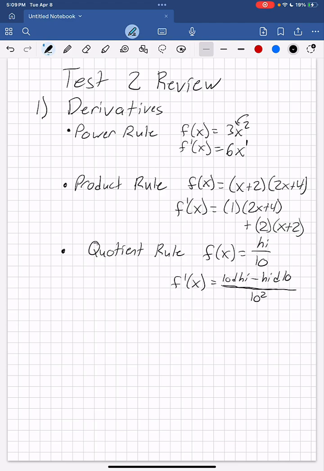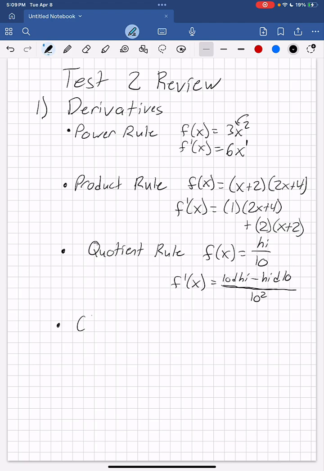As long as you can do that part, that's fine with me. Again, no simplifying. I'm not going to ask you to do any kind of heavy algebra. I just want to see that you know the calculus rules.